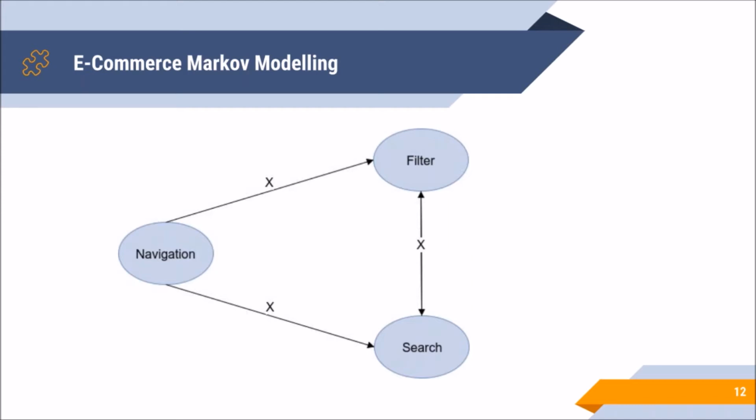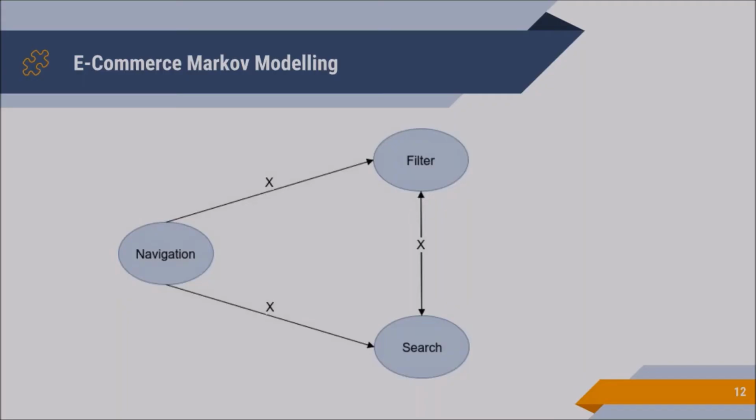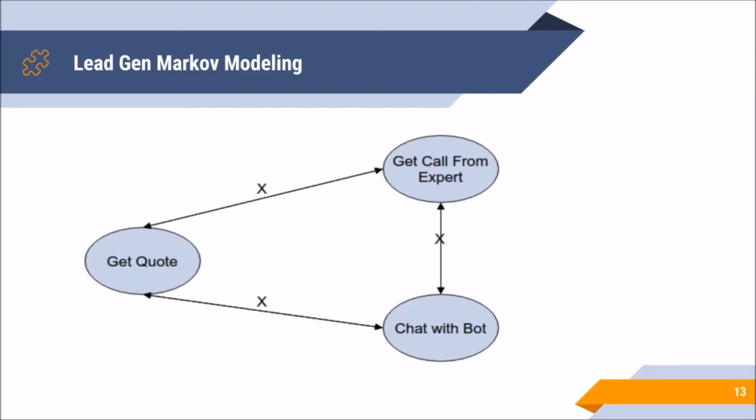The edges or transitions can be the paths that a user can take between those features. For example, a user can go from navigation to filter, filter to search, search to filter, and from navigation to search. Similarly, for a lead gen website, we can also define the features and the journey between those features for a user.